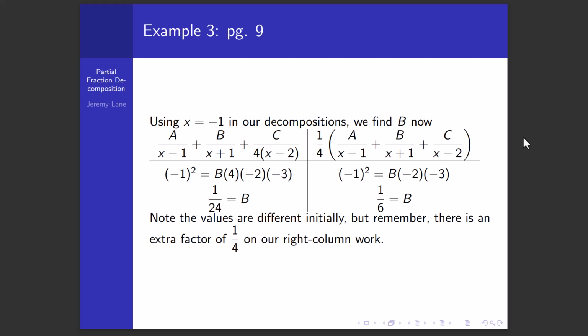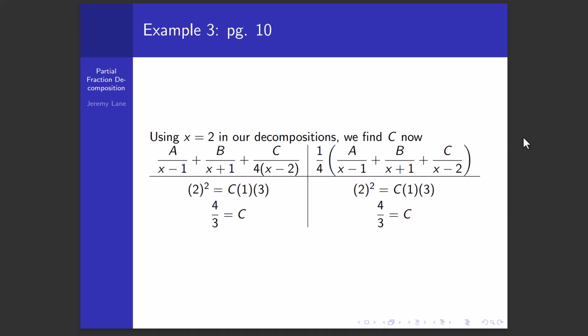When we use x equal -1, the same kind of behavior occurs. We have 1/24 for the value of b when the value of 4 is under the c fraction. When it's factored out of the complete template, it's 1/4 times the sum of the fractions, we get 1/6. And again, 1/4 of 1/6 is 1/24, so the values in the decomposition are the same, even though the specific values of finding a, b, and c are different because of that placement of the leading coefficient.